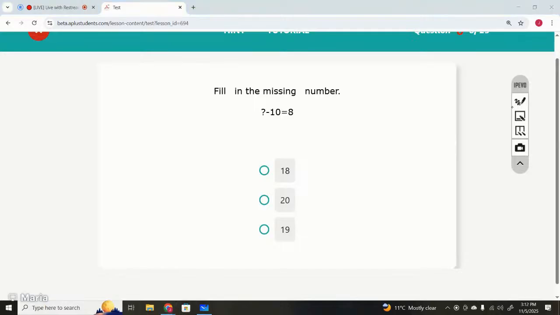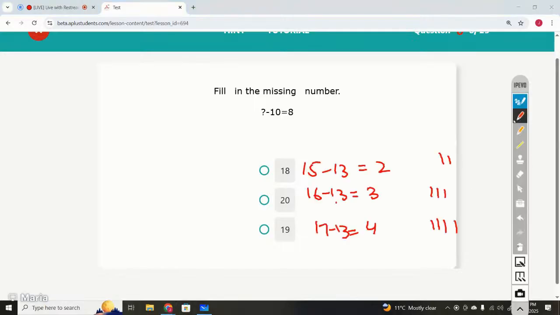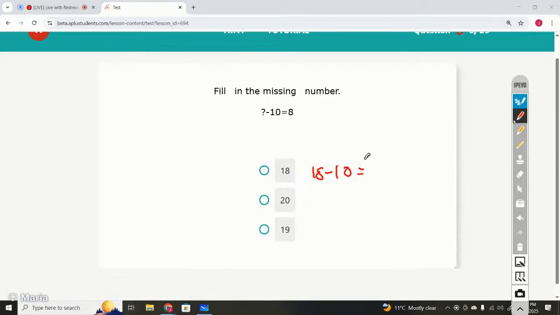So start with the first option. 18 minus 10 equals 8.